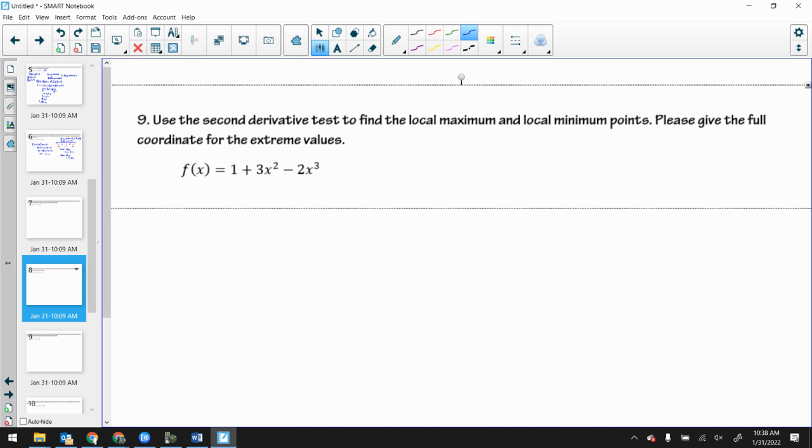Use the second derivative test to find the local maximum and local minimum points. All right. Now, second derivative test says this. I'm going to reorder this. F of x is 3x squared minus 2x cubed plus 1. I hope it doesn't come out weird again. Nope, I think it's good. All right.